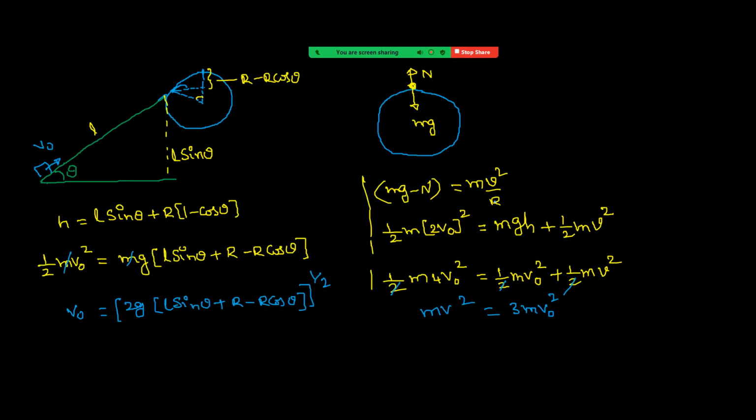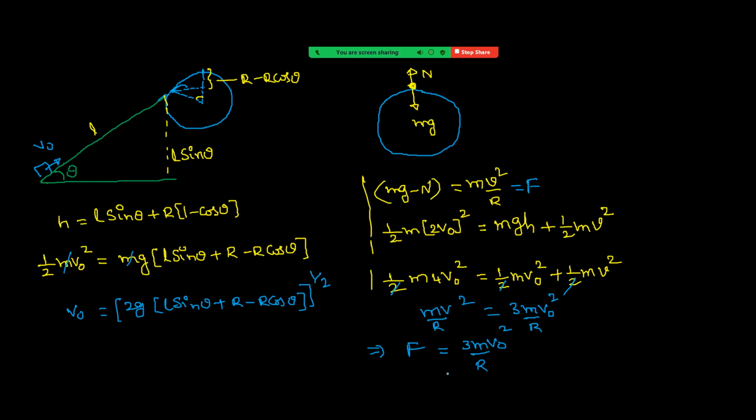So we want mv square by r. That force I'm taking as F, so F is nothing but the centripetal force. That is now 3mv naught square upon r, because we want mv square by r.